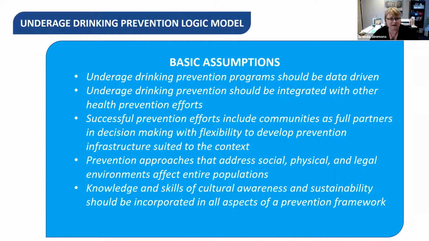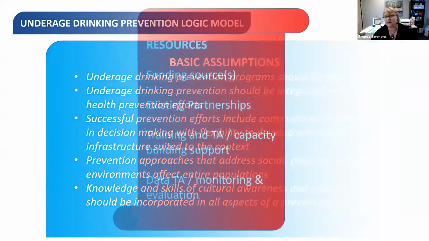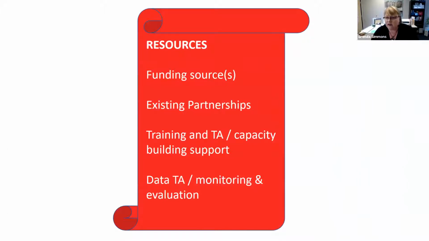And then you move into the resources that you need and you make sure you're securing those resources. You're finding the kind of training and TA support that you need. You're leveraging different resource streams and braiding them together.